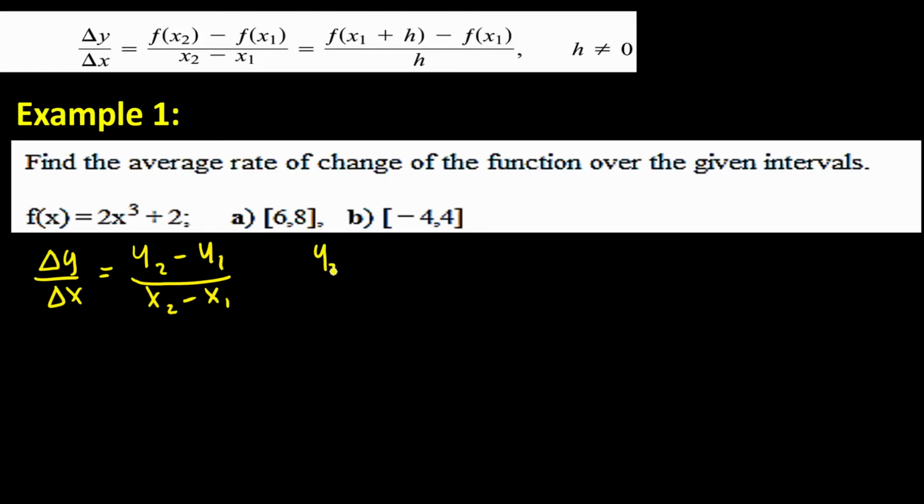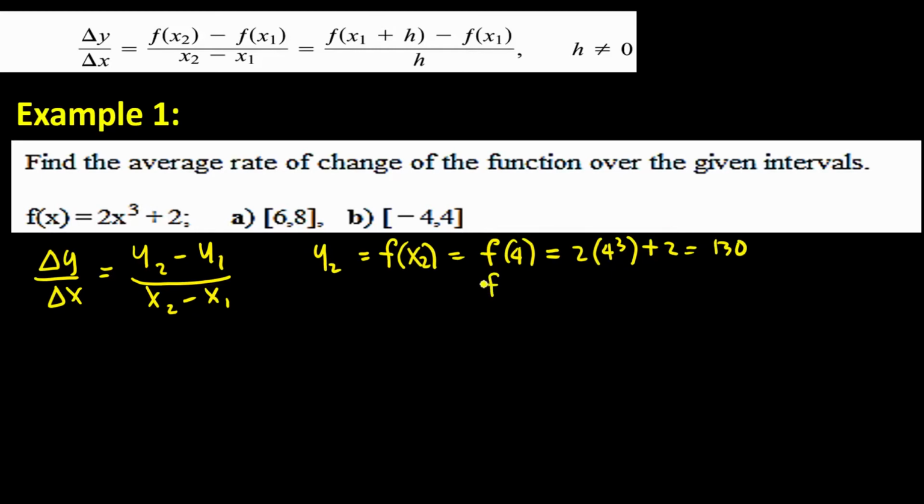So what is y2? y2 is your f of x2, which is f of 4. So that's going to be 2 times 4 cubed plus 2. That's 2 times 64, 128, plus 2, so that's 130.